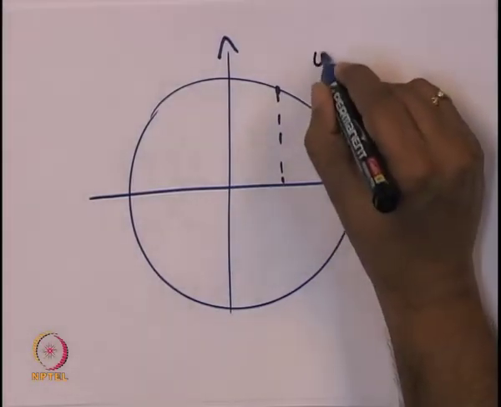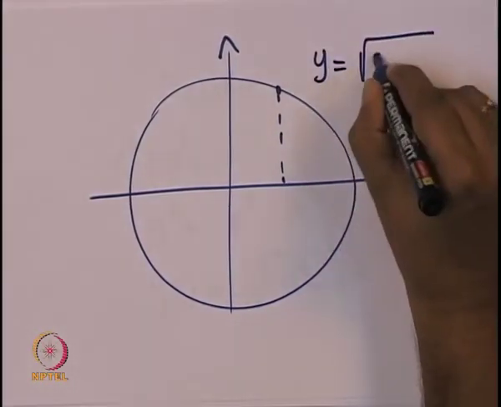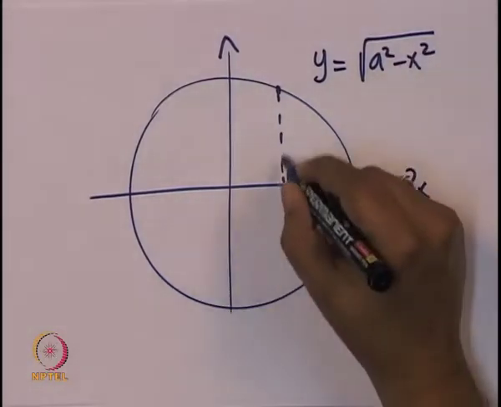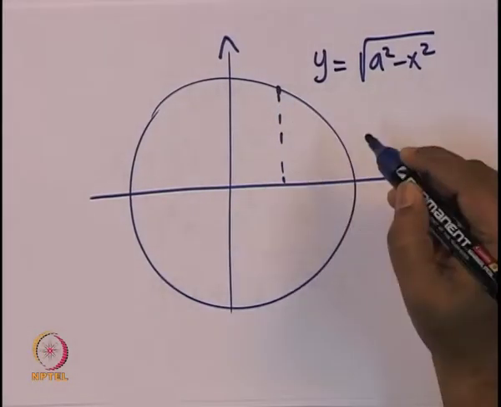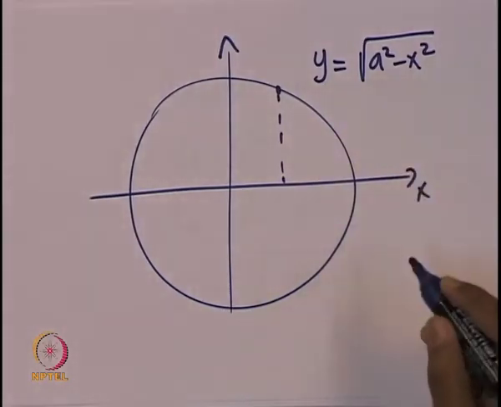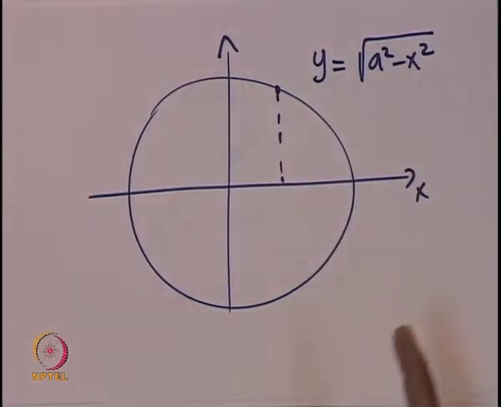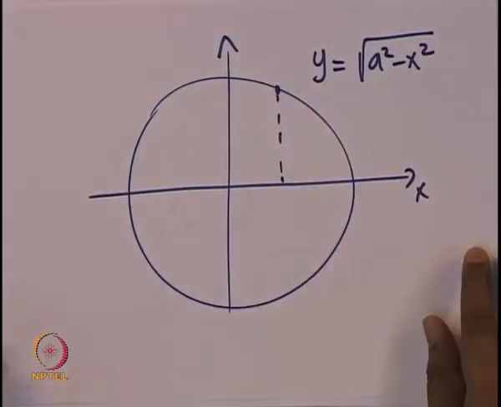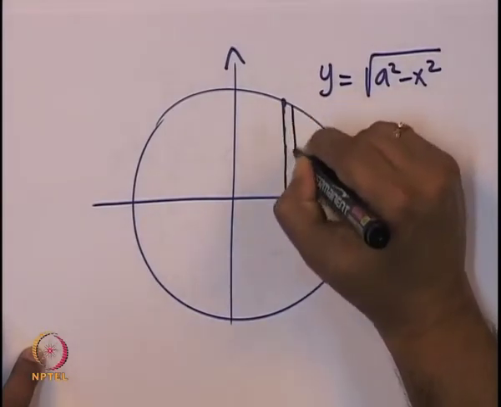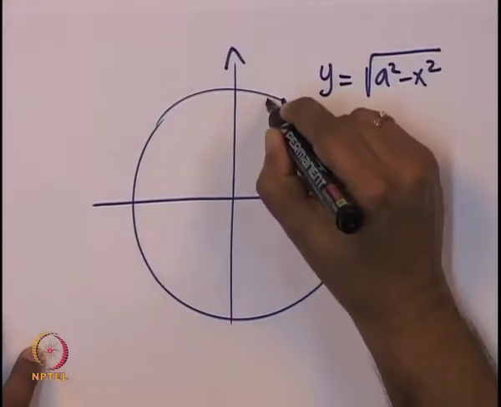We just said that y is root of a square minus x square. So, at this value of x, you will have this particular y value, and at some other value, we will have some other value. Now, we want to calculate the area of this circle and show that this is nothing but the integral of this function. So, how do you calculate area? You can divide this into many small parts like this.